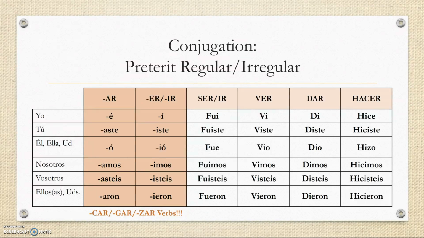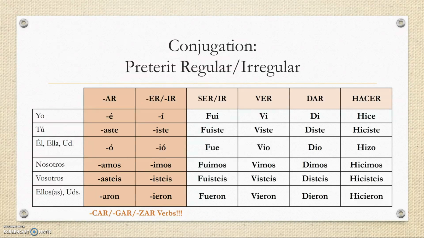Hacer is kind of an oddball in that it doesn't really follow any of the patterns. It changes to an I, it has a Z, and those irregular forms become hice, hiciste, hizo, hicimos, hicisteis, hicieron. So that's the part of the preterite that we already know.